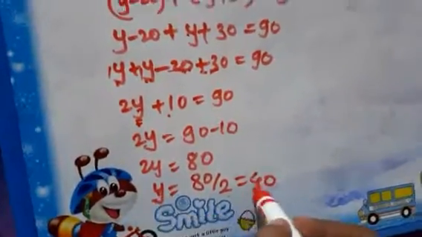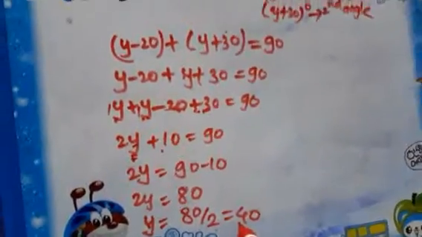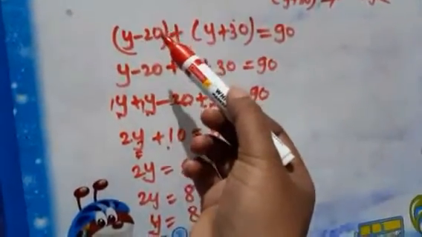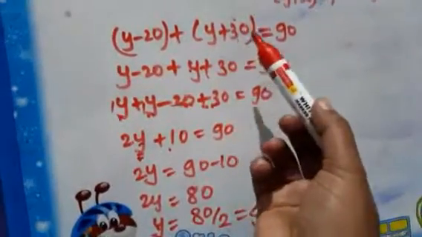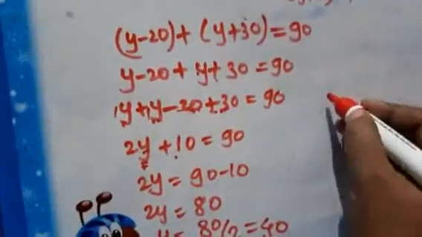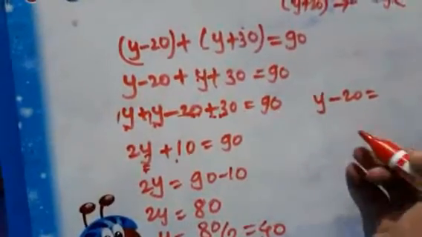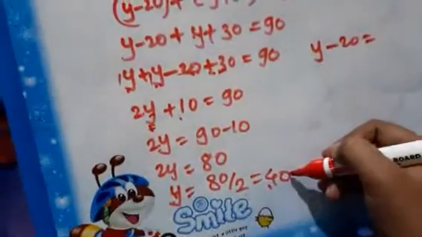So what is the value of y? 40. But this is not the final answer, because y minus 20 is the first angle and y plus 30 is the second angle. For the first angle, y minus 20, we will put the value of y here. y we got as 40.